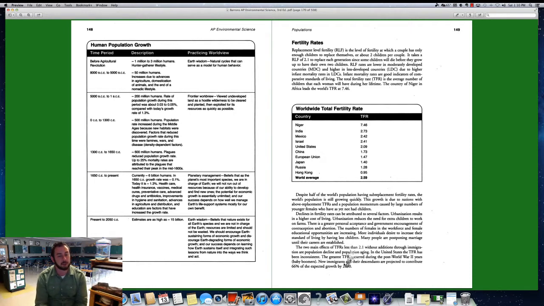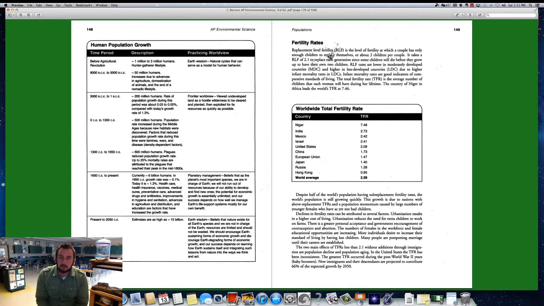We should encourage Earth-sustaining forms of economic growth and discourage Earth-degrading forms of economic growth. So our success depends on how the Earth sustains itself and integrating such lessons from nature into our own daily lives. That's my whole reason for teaching this course, that Earth wisdom viewpoint, and hopefully we can inflict a change before we get to that big, large number right there. That could be devastating for the Earth.